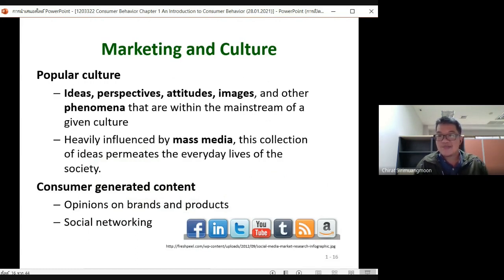The first one is pop culture, or popular culture. Popular culture can be everything that is famous at that moment, like ideas, perspectives, attitudes, images, or phenomena. But they use mass media to spread the culture to other people.